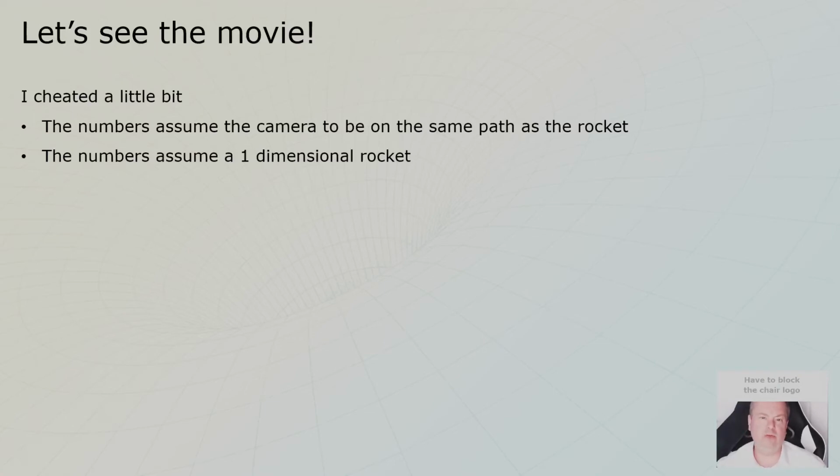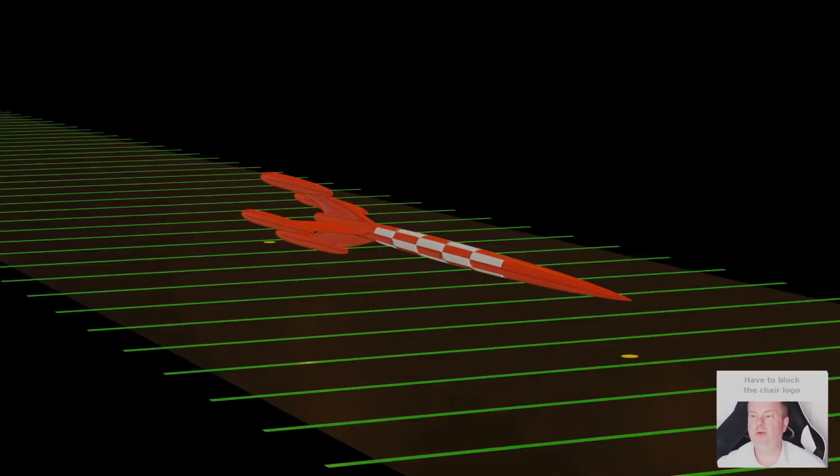Well, a one-dimensional rocket is a pretty boring rocket, so I introduced a real three-dimensional rocket in my clip. But this doesn't change the overall conclusion that much, like 0.00001% or something like this. So, just to make it complete, this is what I ignored.